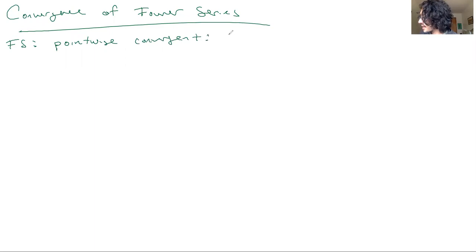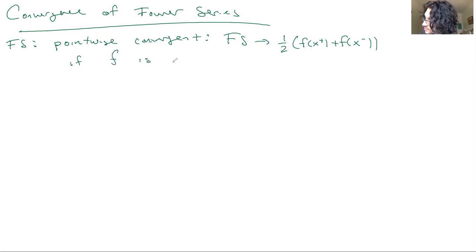So essentially the Fourier series is going to go to the average of the right and left limits if f is piecewise smooth, okay, or piecewise C1 on your interval, okay.